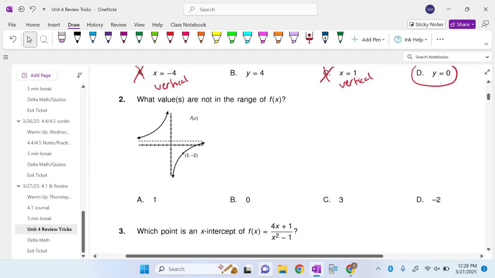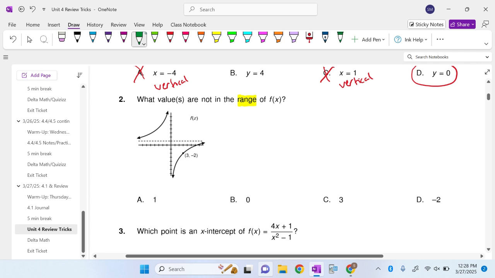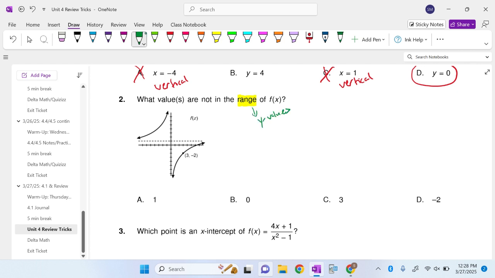Now, it's asking for which values are not in the range. So range means what? Y values. So what y values are not in the range? In other words, it's wherever we have a horizontal asymptote, which they already nicely graphed for you.